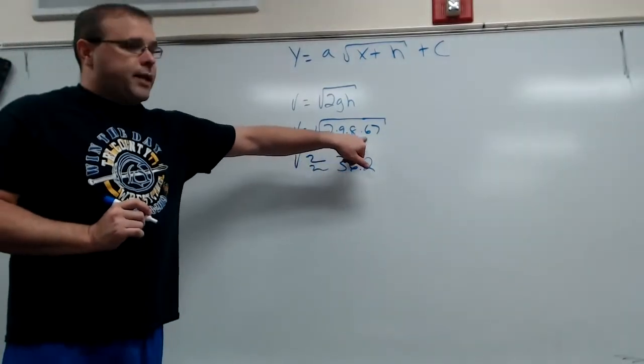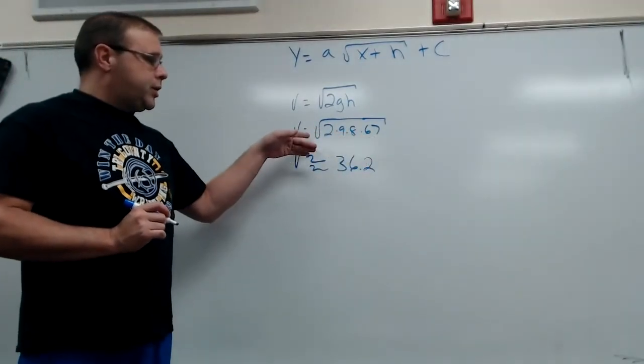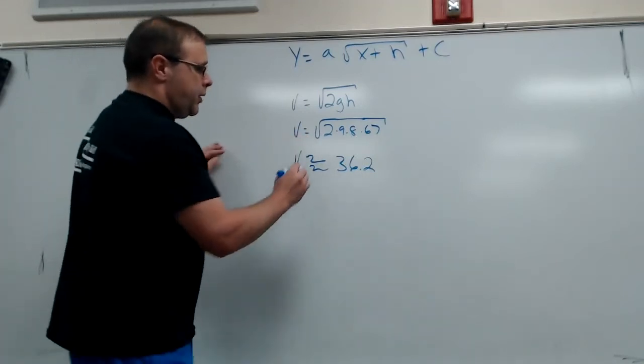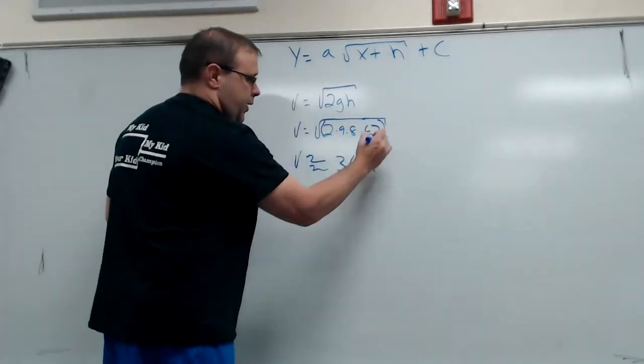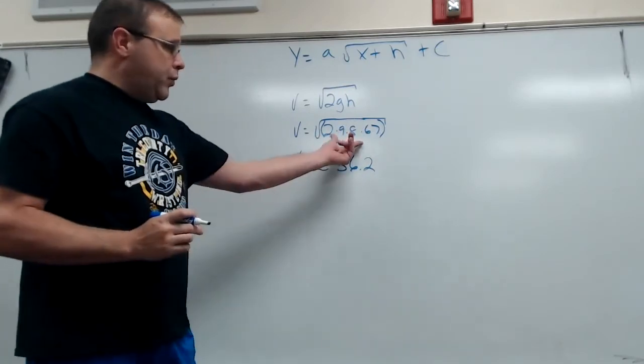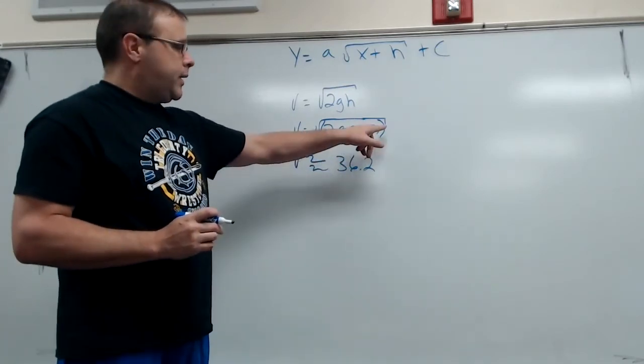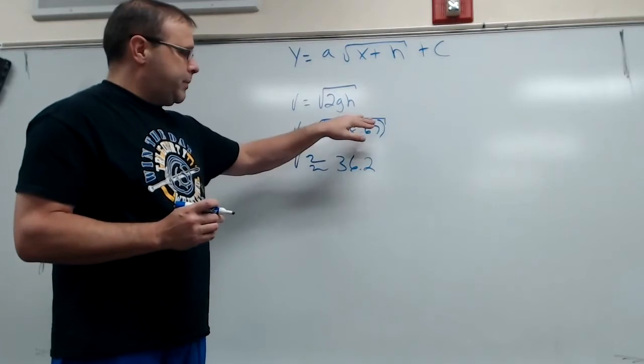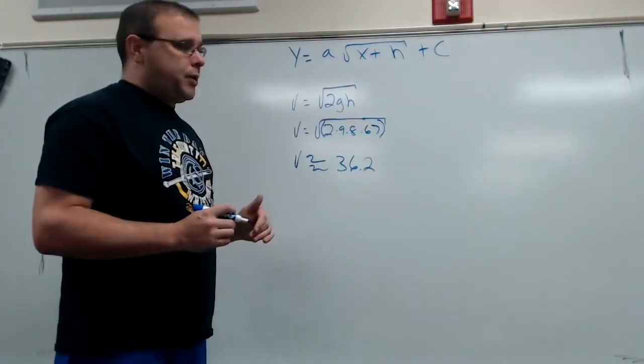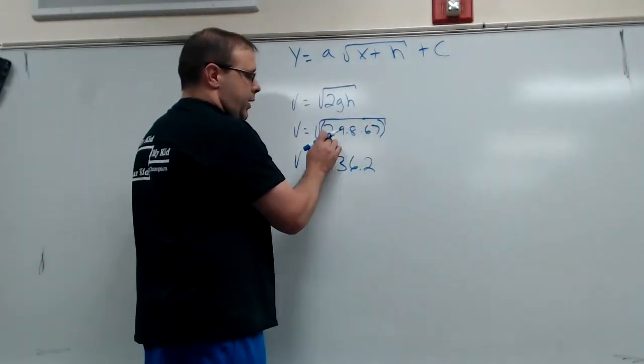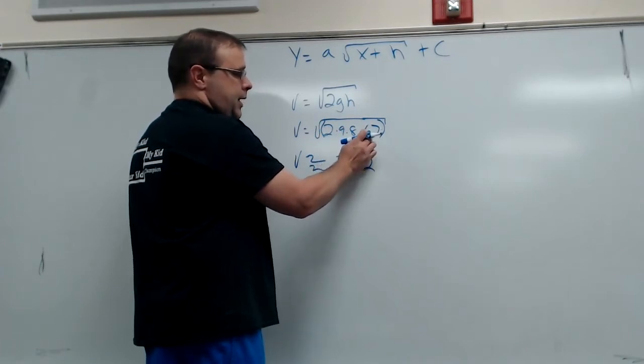So in this, it depends on how you have to type your calculator. If you can type a string in, you'll want to go square root, parentheses, so that way it knows this entire group needs to be square root. If you cannot type in a string, so if you have a basic calculator, you got to go 2 times 9.8 times 67.